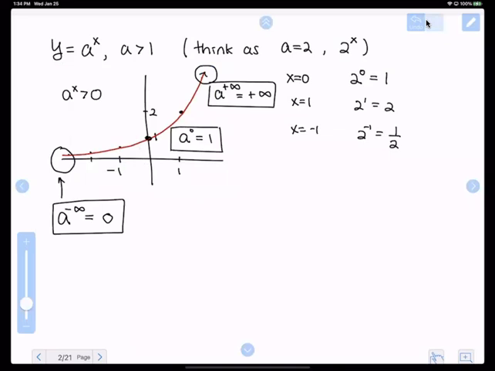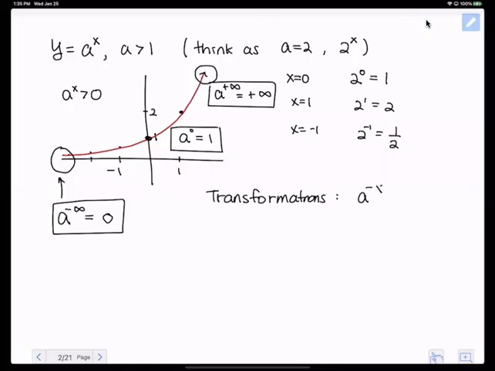So we do have some transformations, something like a to the negative x, negative a to the x that we have. Of course, there are more transformations on page 3.